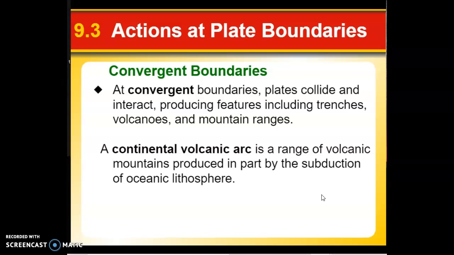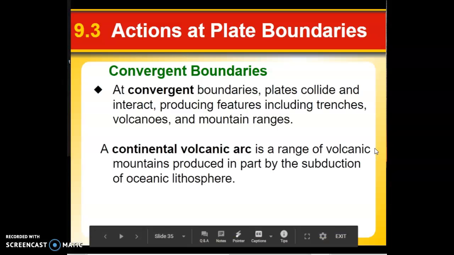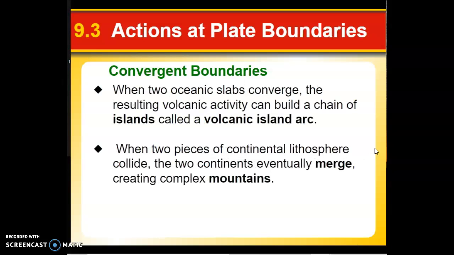A continental volcanic arc is a range of volcanic mountains produced in part by the subduction of oceanic lithosphere as it subducts beneath the continental lithosphere. When two oceanic slabs converge, the resulting volcanic activity can build a chain of islands called a volcanic island arc. When two pieces of continental lithosphere collide, the two continents eventually merge, creating complex mountains.